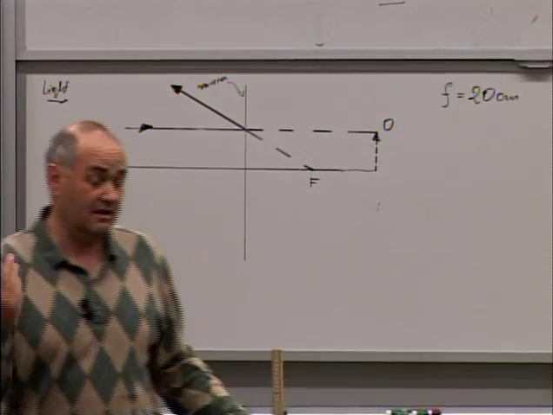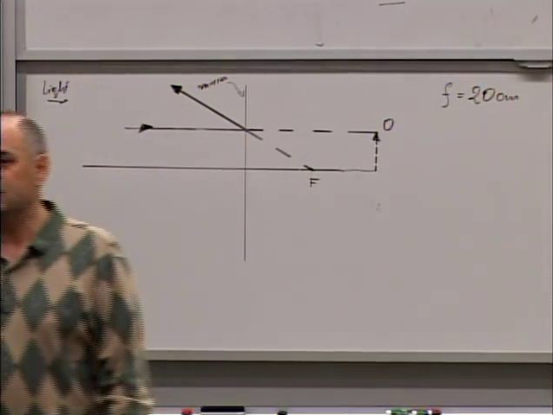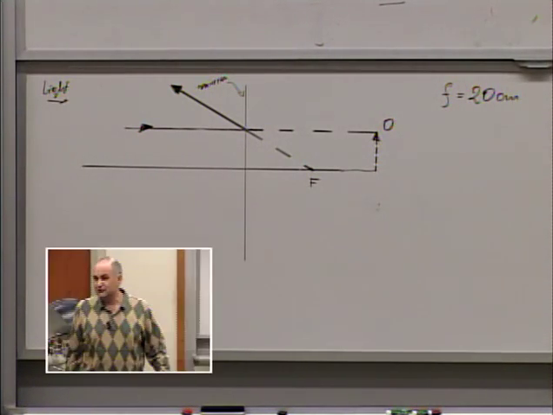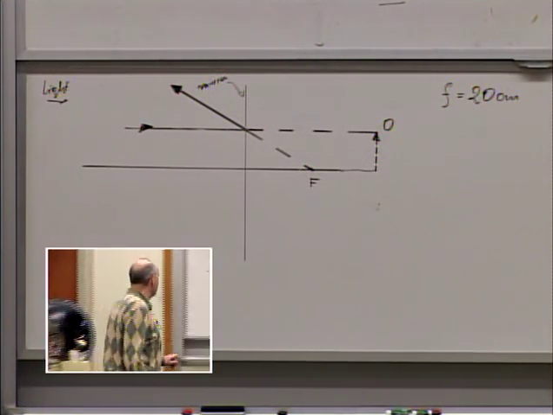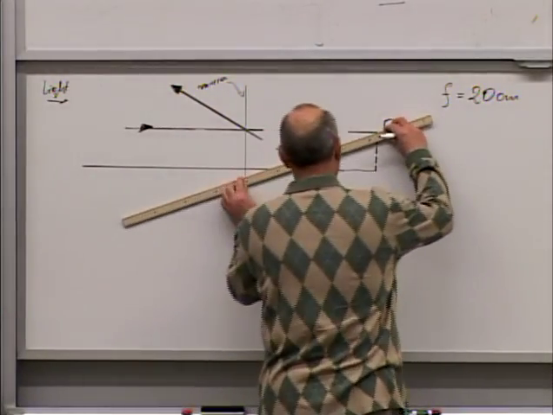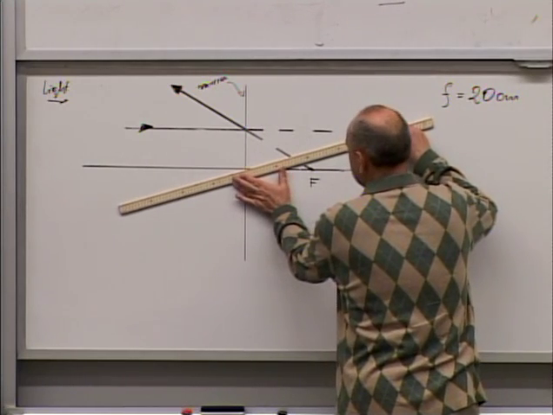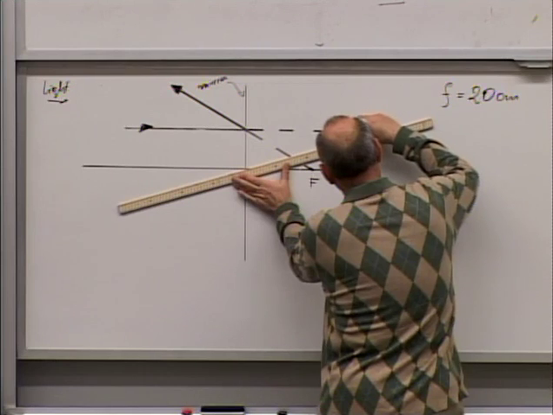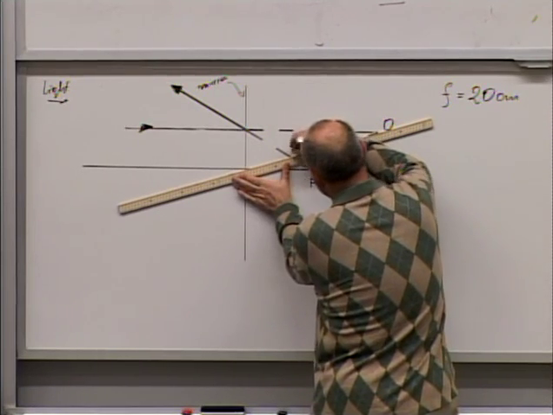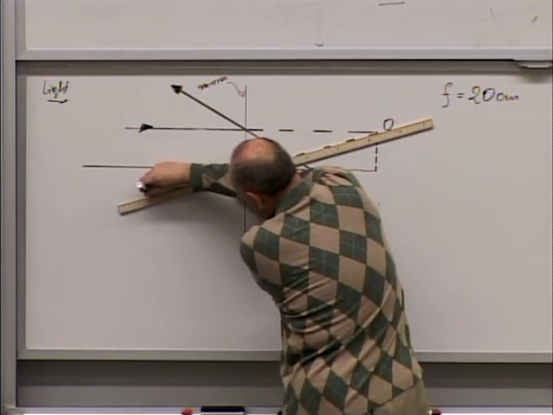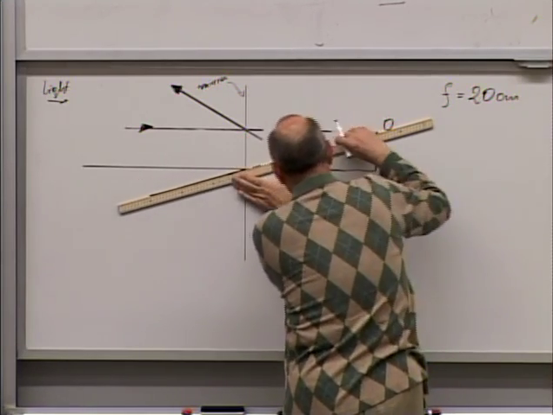In order to find the image, we need at least one more ray. So, Brian, which ray would you like to use? Chief ray. Let's use the chief ray. So I know that from here to here it's the extension of the ray, and the ray is on the side where the light is.